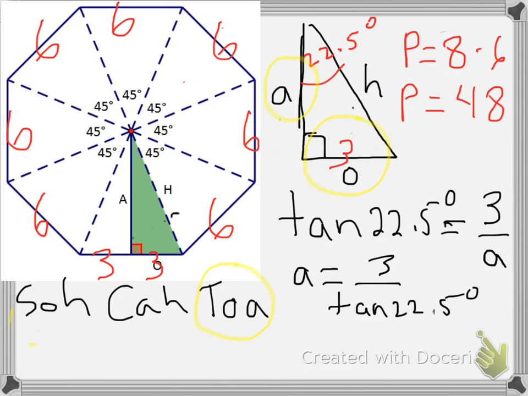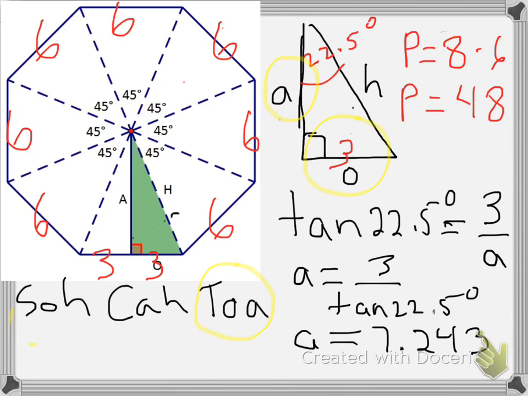Remember, make sure you're in degree mode, not in radian mode. And I get the apothem is 7.243, and I'm going to carry 3 decimals. When you're doing these trig problems, 3 or 4 decimals, if you start rounding too soon, you're going to mess up your answer. So this is what I got right there.